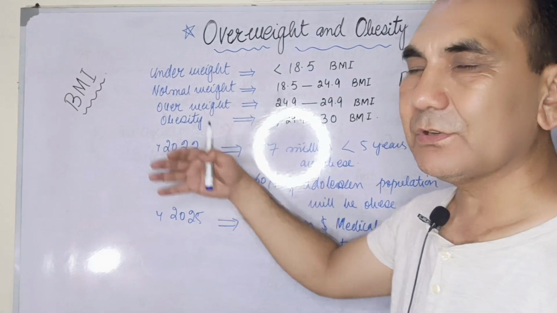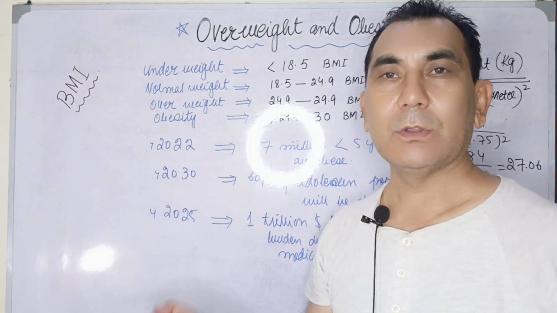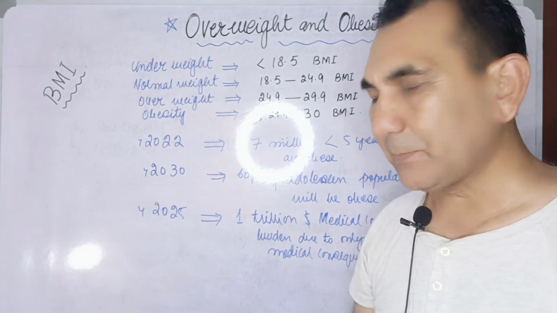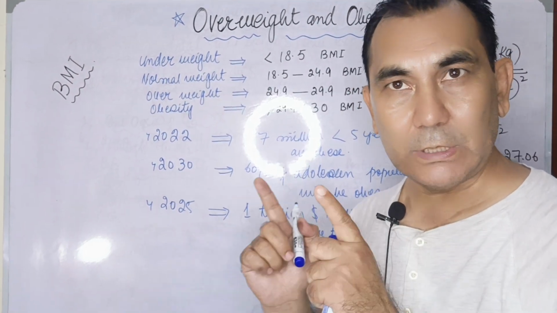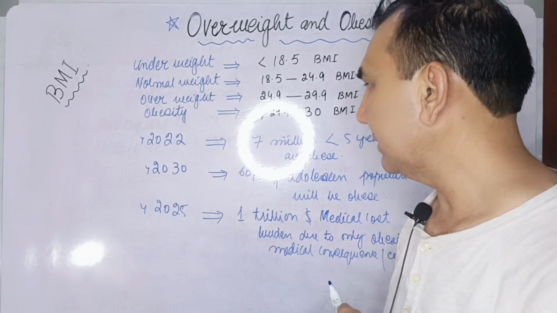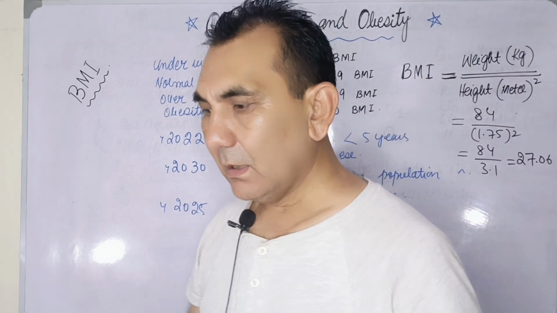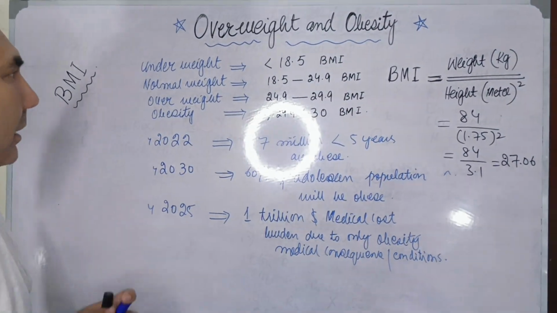I mean, in the next 2 years it will put a $1 trillion burden on medical expenditure, just because of obesity-related diseases or conditions. So these are some very interesting statistics which I shared with you all.